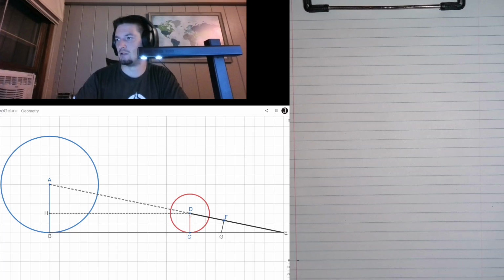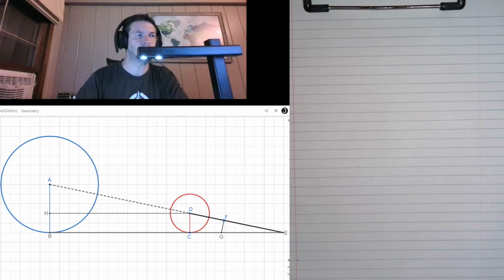We have a third triangle, DCE, right angle at C. Now, if you know enough about geometry, you know that these three triangles, ABE, AHD, and DCE, are all similar. And how can we know that? We can use angle-angle similarity.